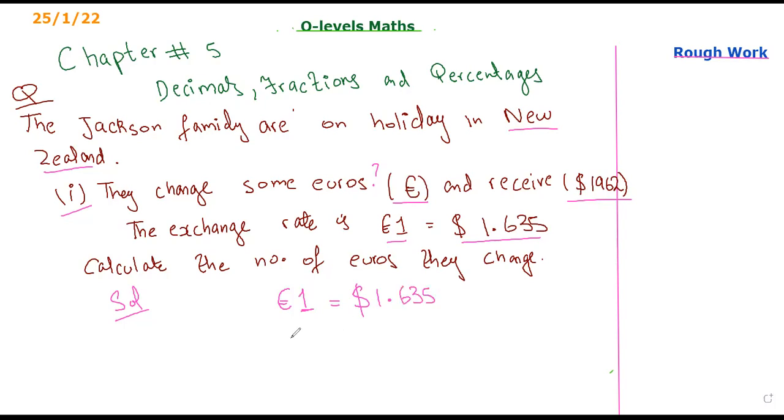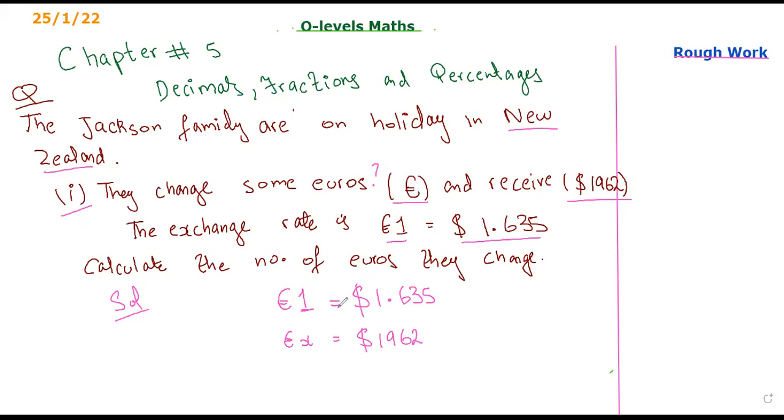So how many euros would they give in order to receive $1,962, right? This is how we are going to solve this question. I'm done with it, and its answer is 1,200 euros.